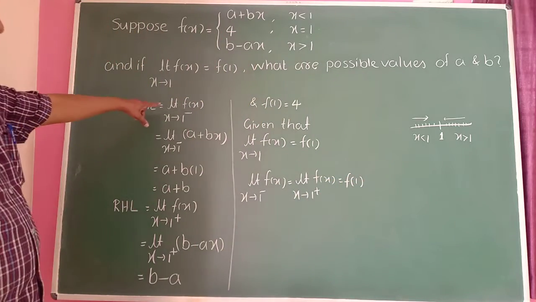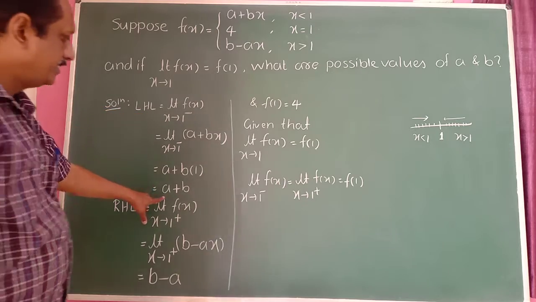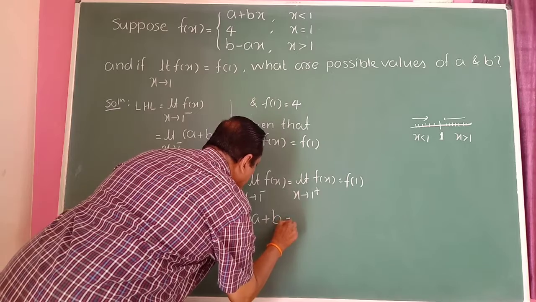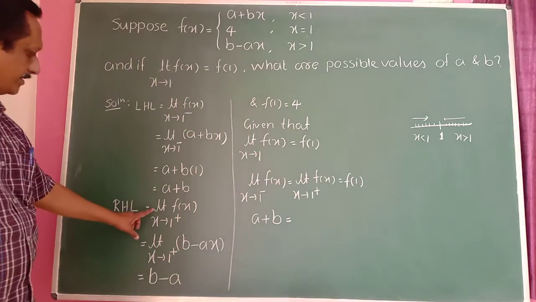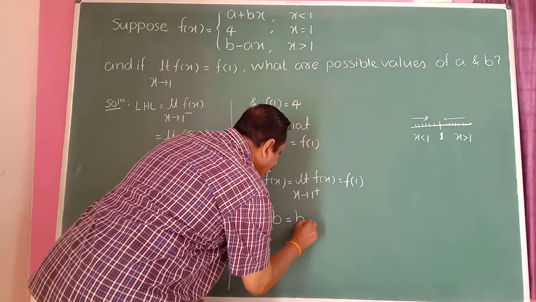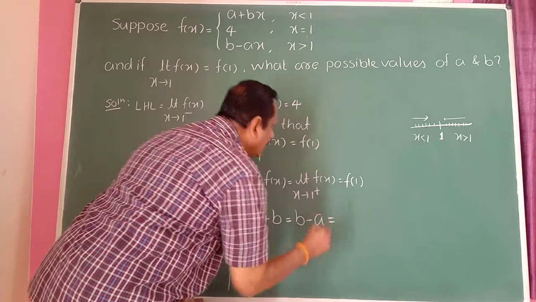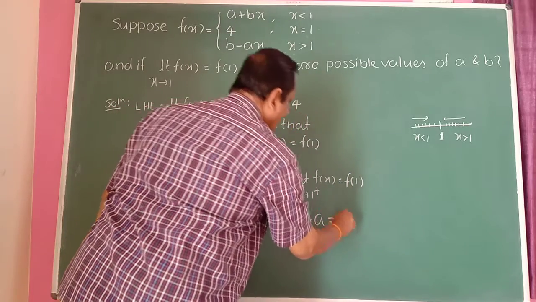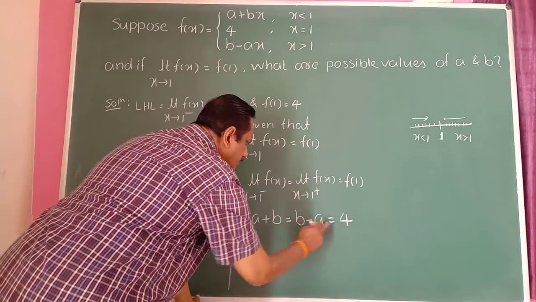Then limit f of x as x tending to 1 minus is a plus b here. Therefore, write here a plus b is equal to limit of f of x as x tending to 1 plus, which is b minus a. So write here b minus a is equal to, and f of 1 value is 4 here. So write here 4. Therefore, a plus b is equal to 4.